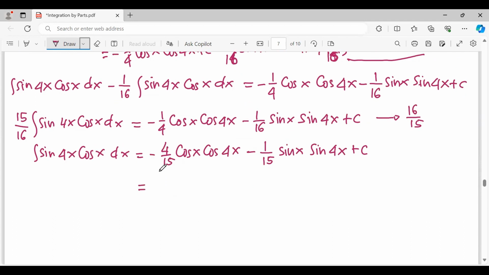I'm going to factorize: minus 1 over 15 times 4 cosine x cosine 4x plus sine x sine 4x plus c.